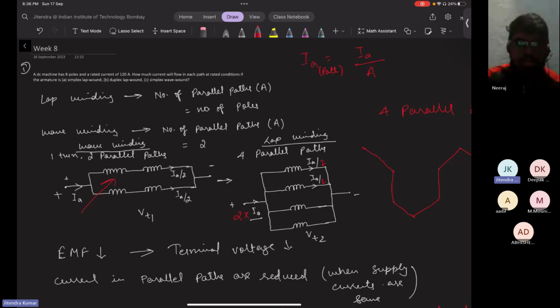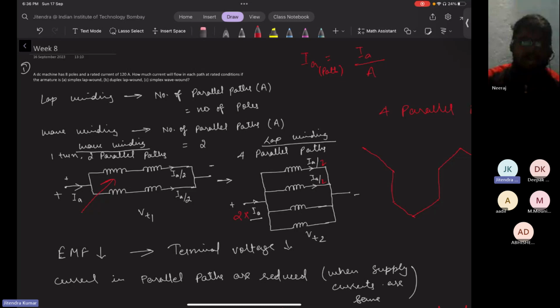Each coil is identical, ideally or practically as well. Each coil is identical, otherwise there will be a mismatch of voltage, right? Okay, it is fine, identical, but any other thing? Identical in terms of, sir, width, the number of slots.